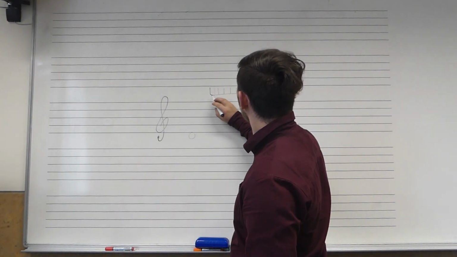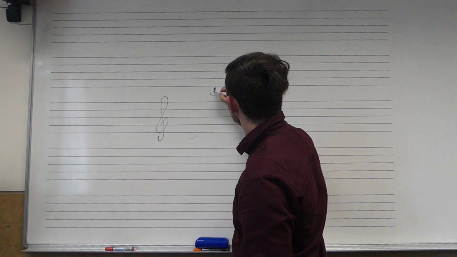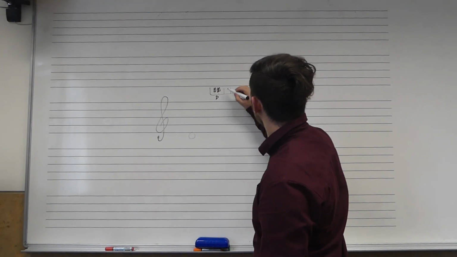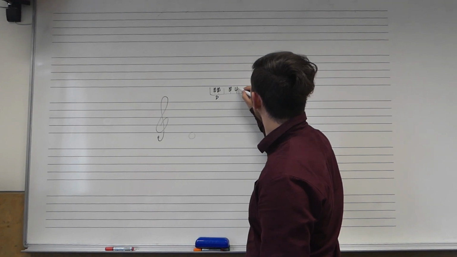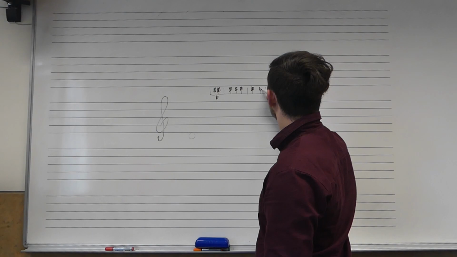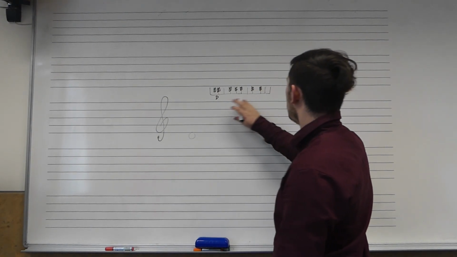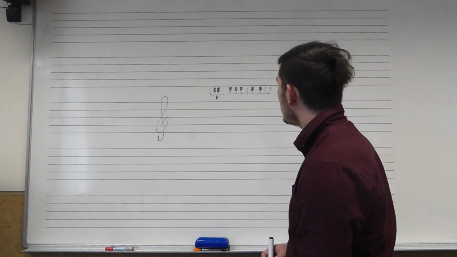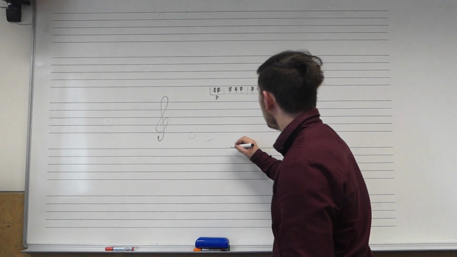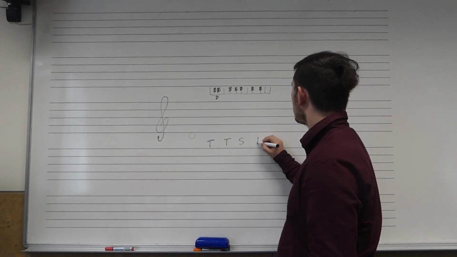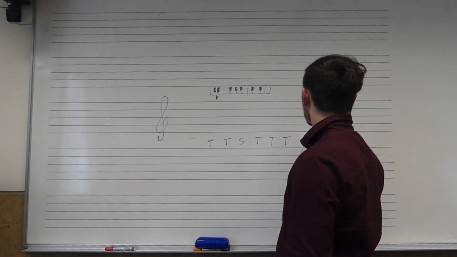So here we have C, so we have D, which is here, then we've got gap, gap, and so on. So here we have a D, so we want to go tone, tone, semitone, tone, tone, tone, semitone.